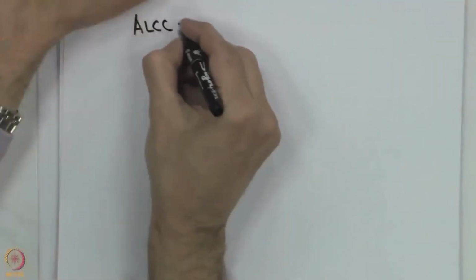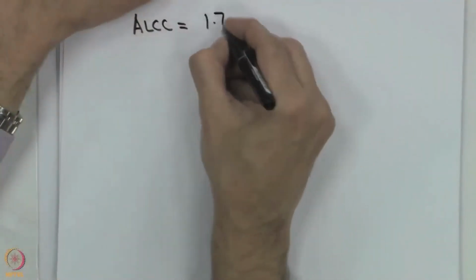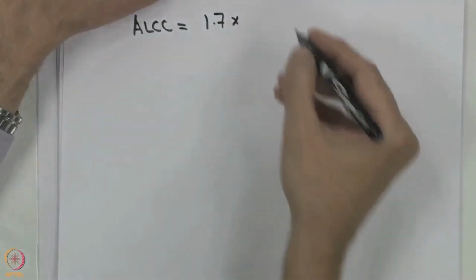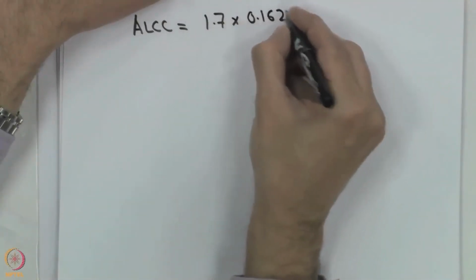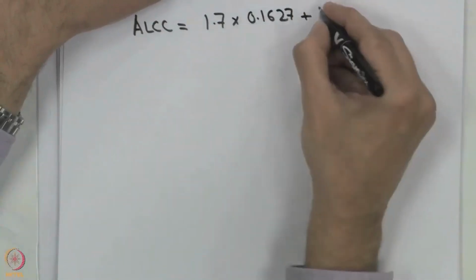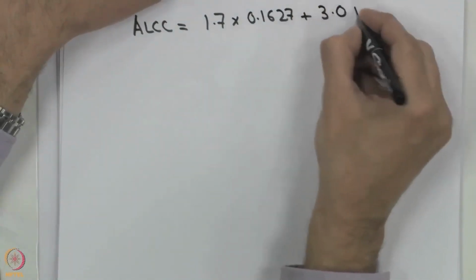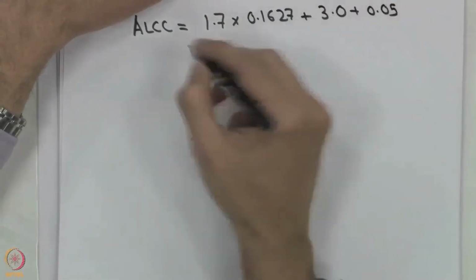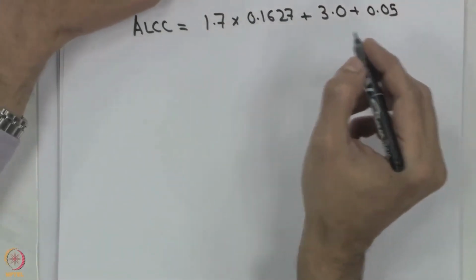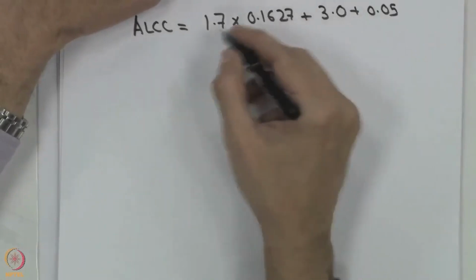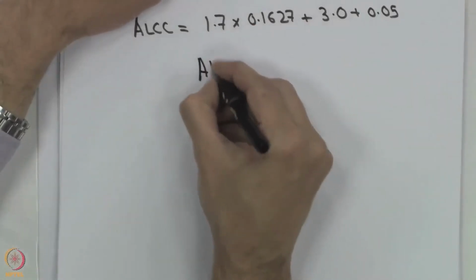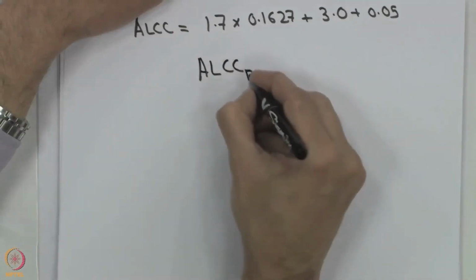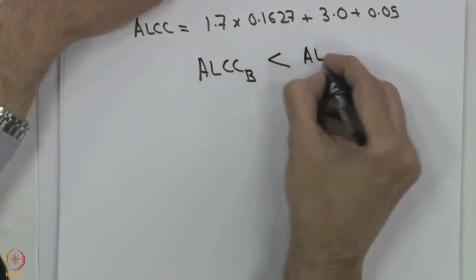So, now the ALCC for option A will become 1.7 into CRF 0.110, which is 0.1627, plus the other values that we had, 3 plus 0.05. So, instead of the earlier value, we will get a lower value, but even then ALCC-B turns out to be less than ALCC-A.